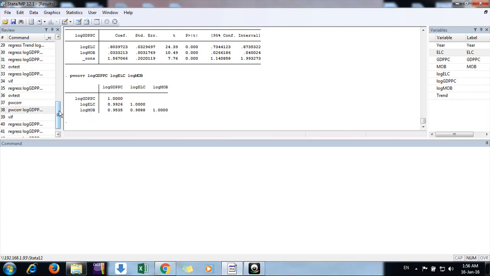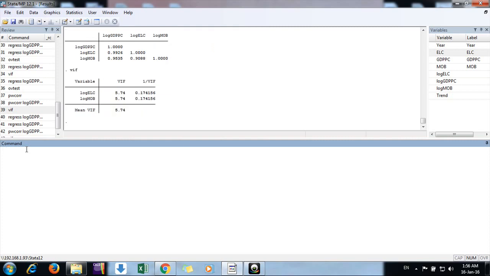For that purpose we need to do the variance inflation factor, VIF. We can also check by this. If it is more than 10 for individual coefficients, then it might be an issue of concern, but here that is not the case. So the chances of multicollinearity are very low.